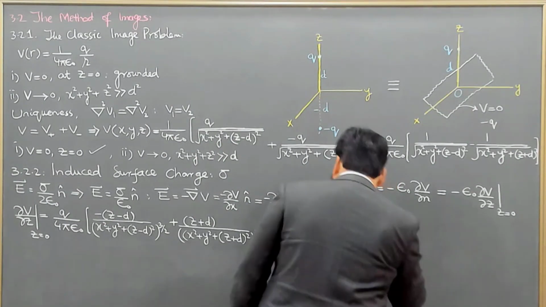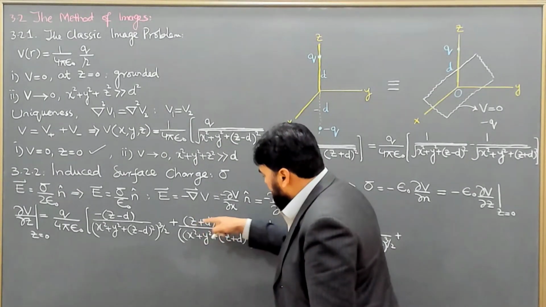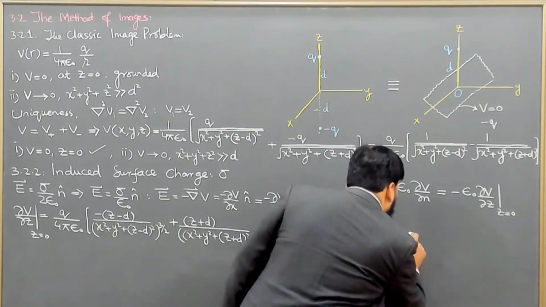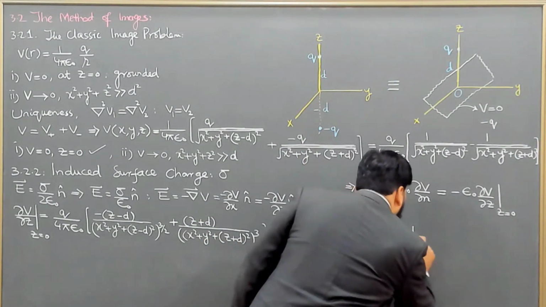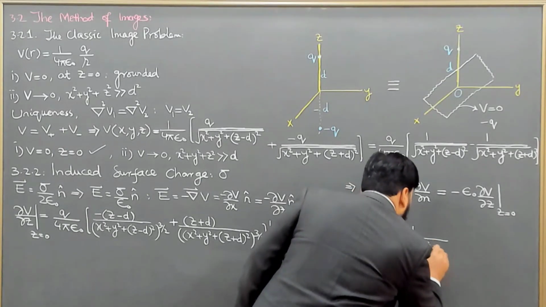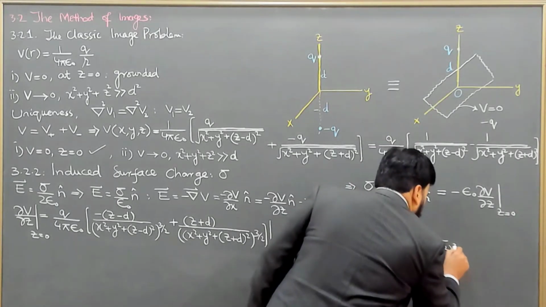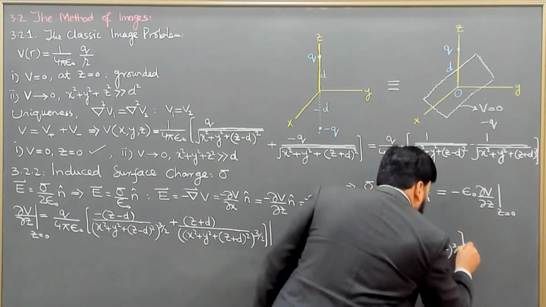What about this one? Z is 0, so we get the same thing here, d divided by x square plus y square plus d square, and power 3 over 2.